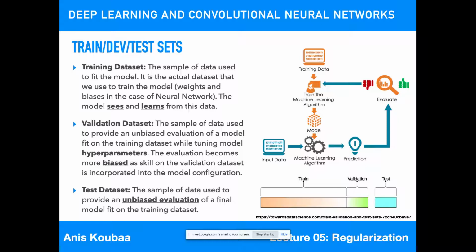What does it mean? Imagine that you train, for example, a classifier for cats. And let's imagine that you will use 100 images of cats that are, let's say, white color. All the images that you have are white color. So you're going to make the training, for example, 80 images of white cats, and the validation 20 images of white cats.